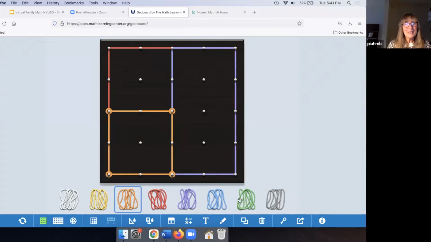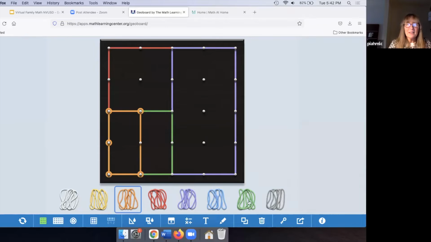And then again, a different color band to show 1/8. And I'm just stretching those bands with my mouse pad. If you're using an iPad or a Chromebook, a lot of children use a mouse sometimes, or just their fingers.